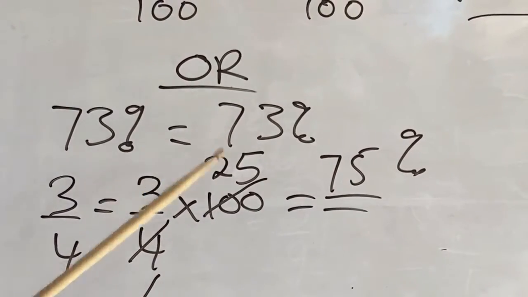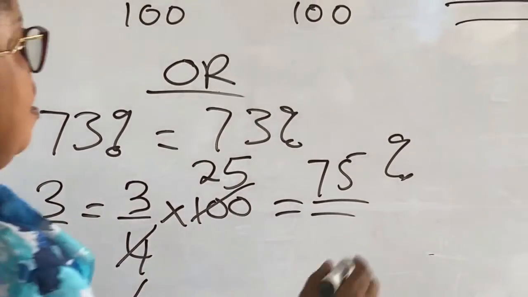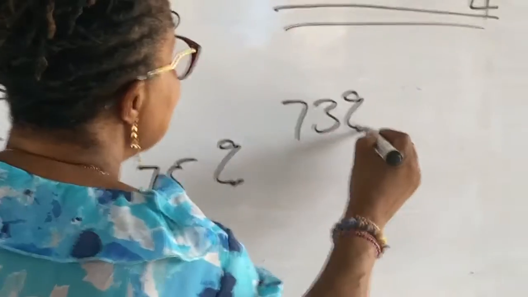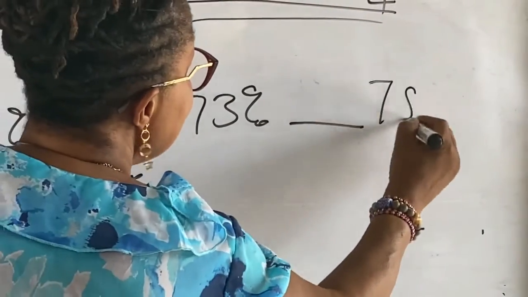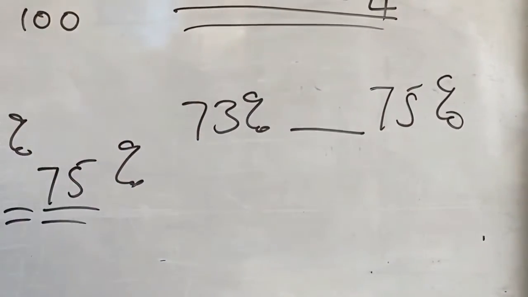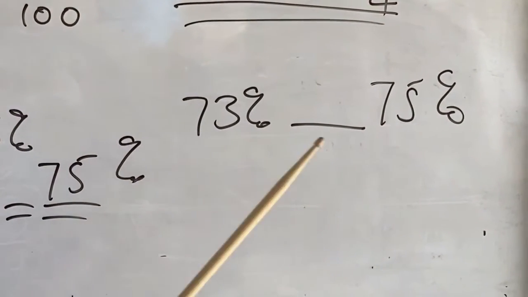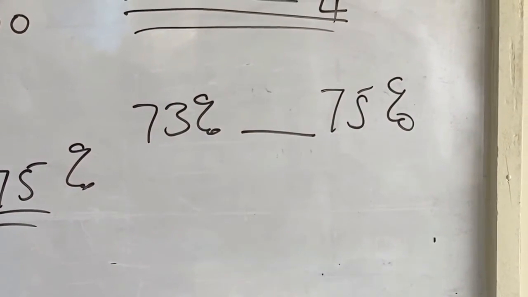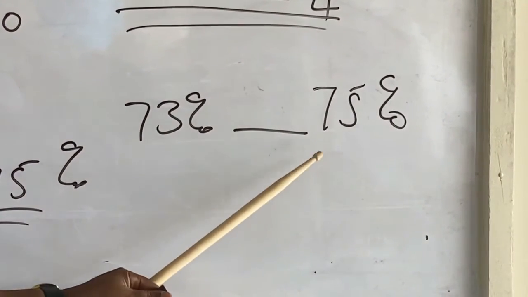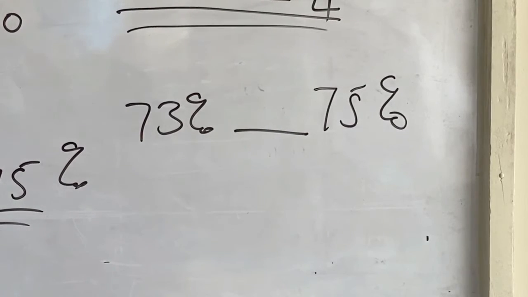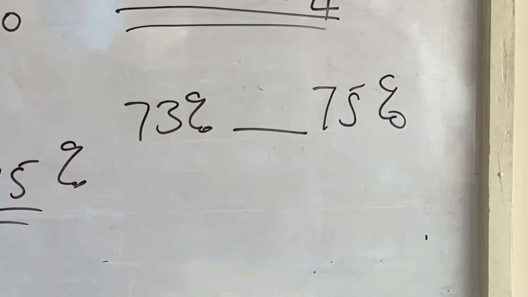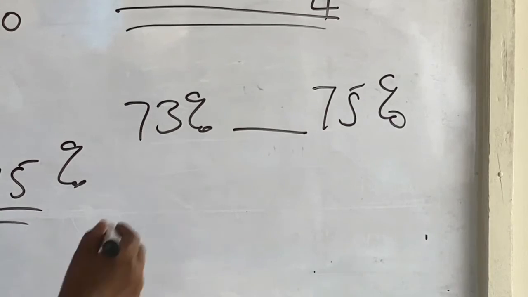So we can now compare the two percentages. We have 73% and 75%. Now, 73 and 75, which one is bigger? It is 75. So the open end of the symbol faces the bigger number.